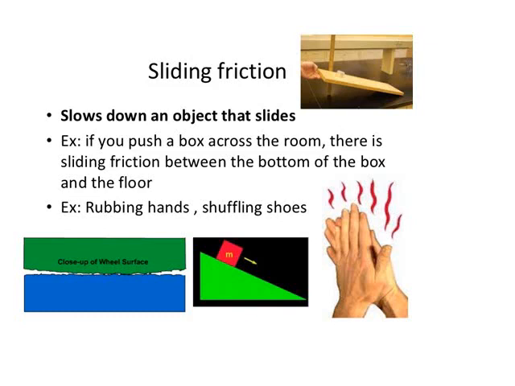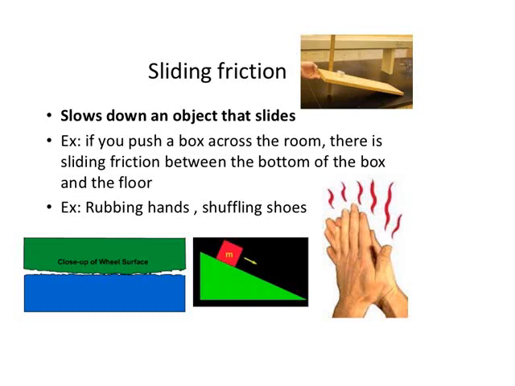What is the effect of this sliding friction? It slows down an object that slides over a surface. If you push a box across the room, there is sliding friction between the bottom of the box and the floor, and it slows down the movement of the object.